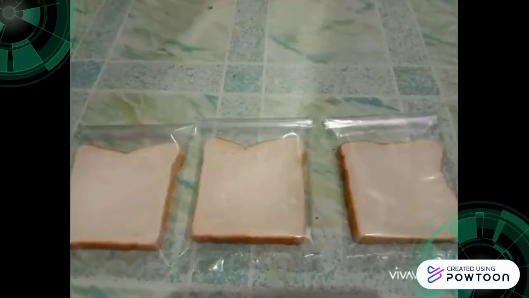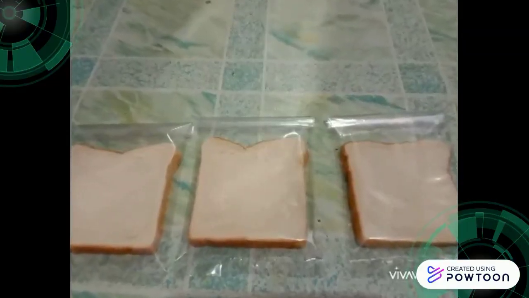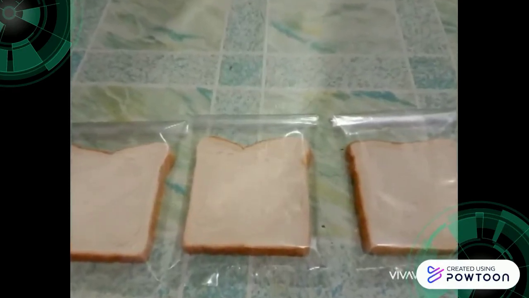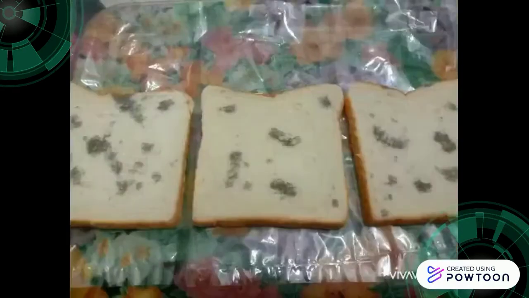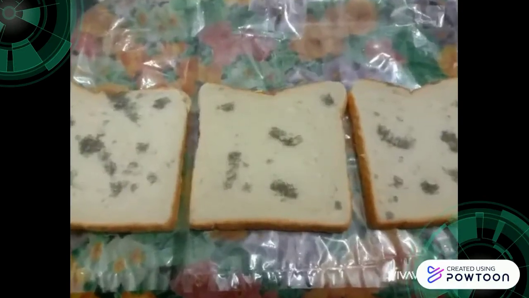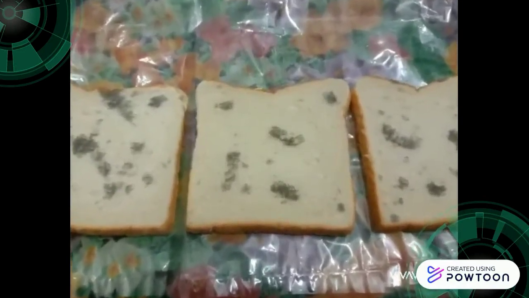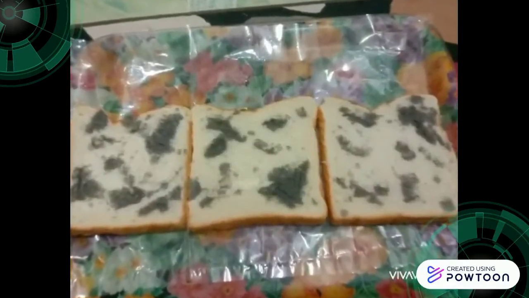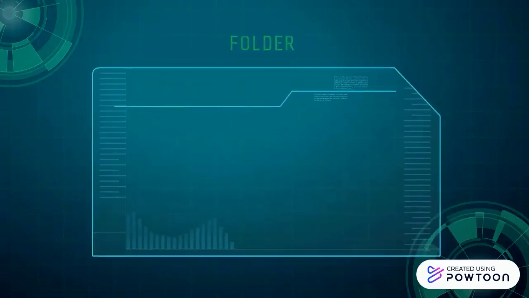This is result of our samples that are exposed to moisture in the fridge and in the refrigerator. This is results in the room temperature, and this is results under the refrigerator.